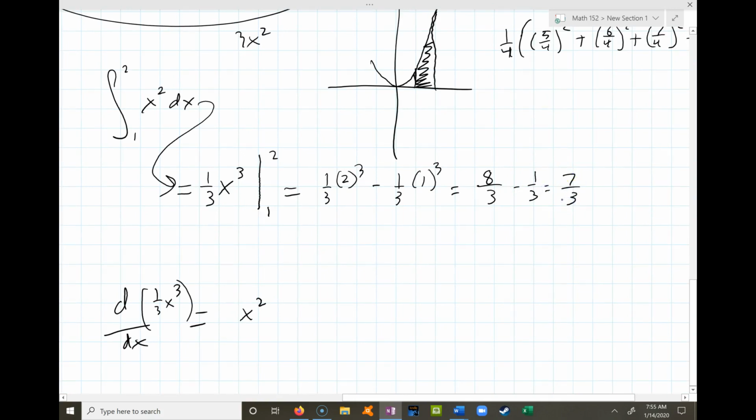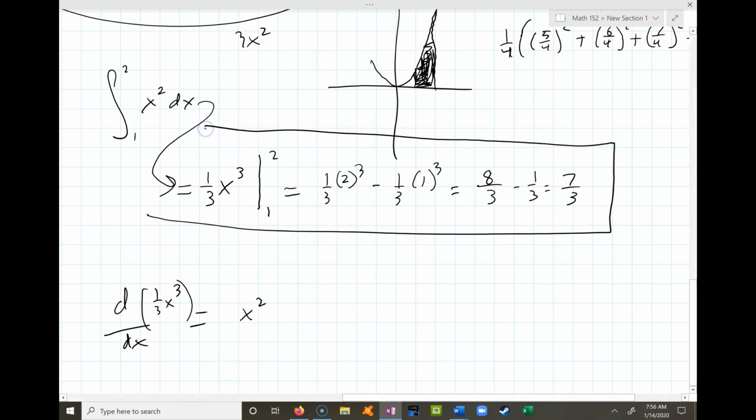So what does this tell me? That tells me the area under the curve, or the area between the graph and the x-axis on the interval from 1 to 2, would be 7/3. So there's an example of the fundamental theorem of calculus.